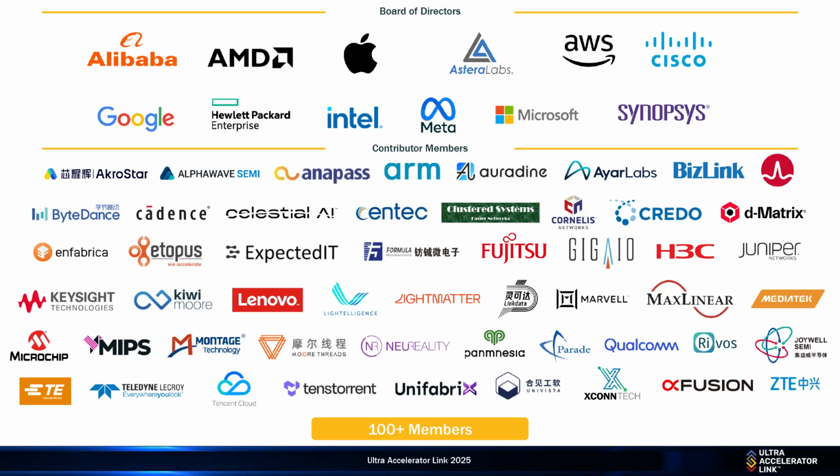Something unique about our board is that several of the companies involved are not typically involved in standards organizations, but they are here. We feel this highlights the need and importance of a technology like this to the larger AI community.